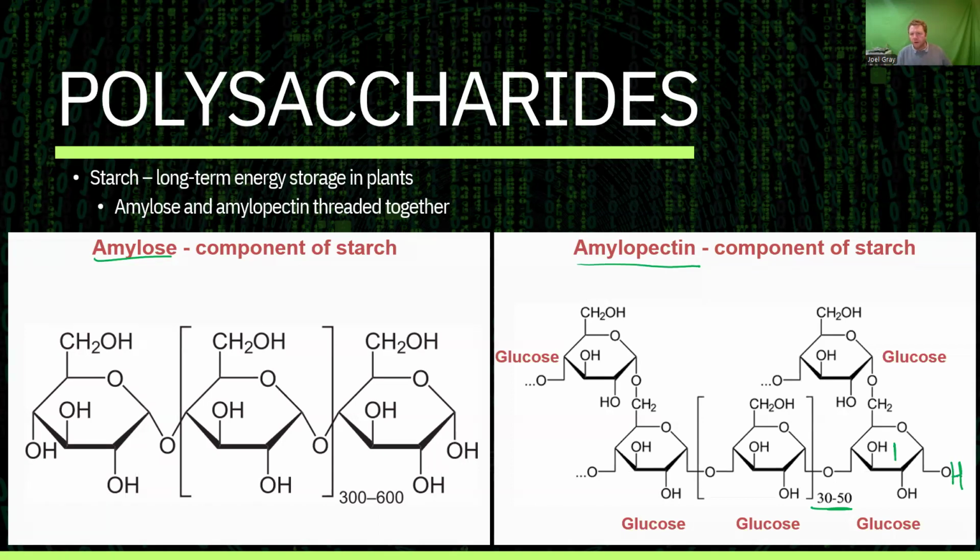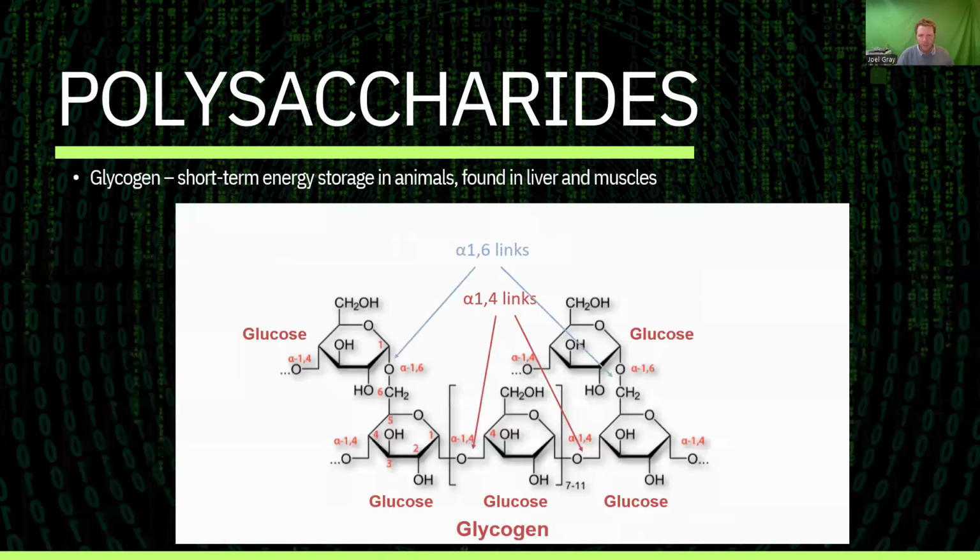So these are every 30 to 50. You'll see a branch once every 30 to 50 glucose subunits, whereas in glycogen, it's once every 8 to 12, I guess it might be. So you're going to have a shorter gap between the branch points in glycogen than in amylopectin. Great question. Thank you for asking that.